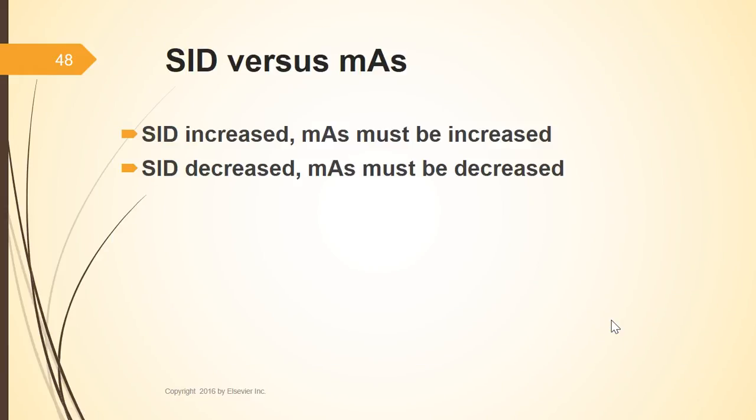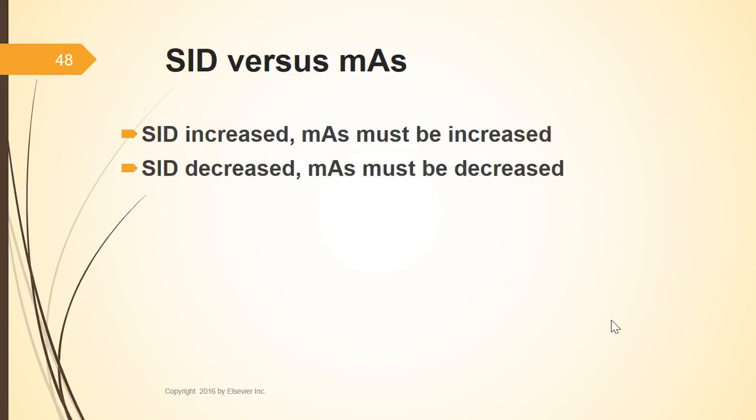SID versus mass. Because increasing the SID decreases the X-ray beam intensity, you have to change your mass. If you increase your SID, you have to increase your mass according to the proper amount with a formula that we're going to learn.